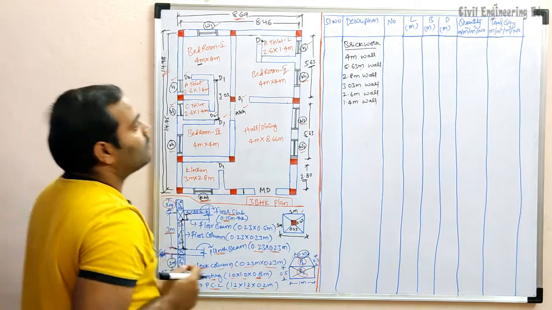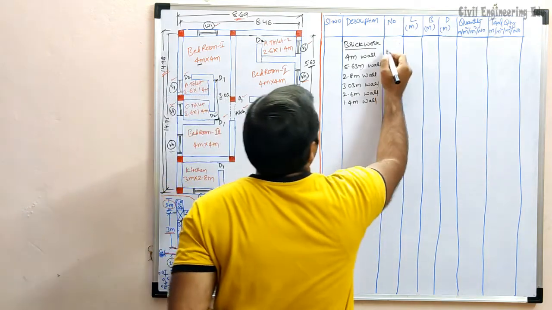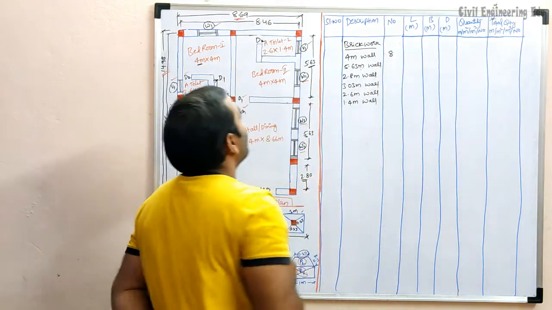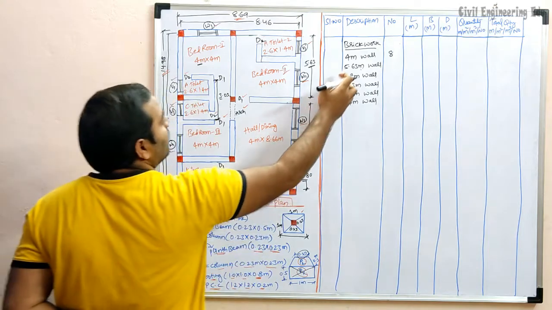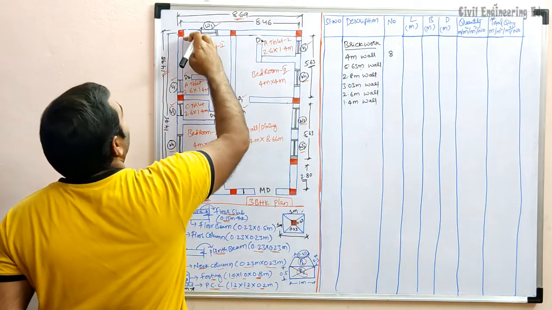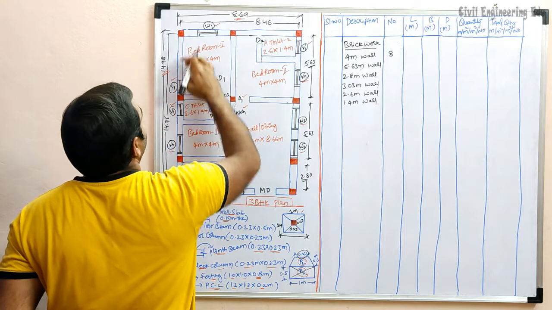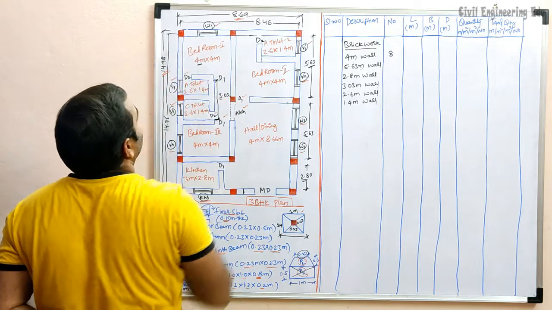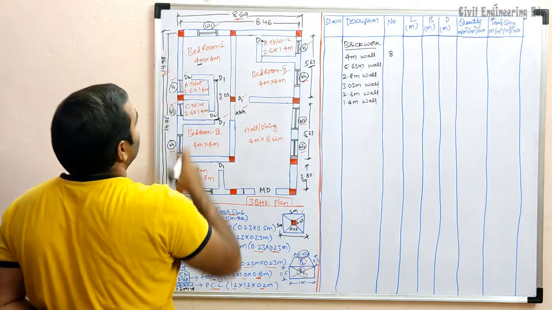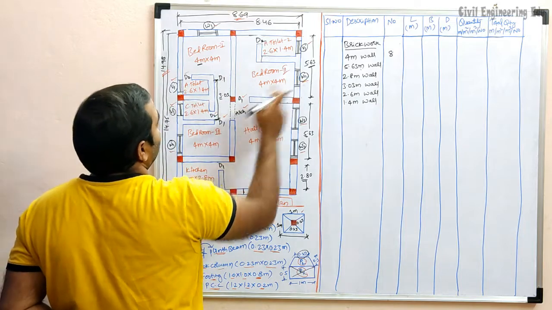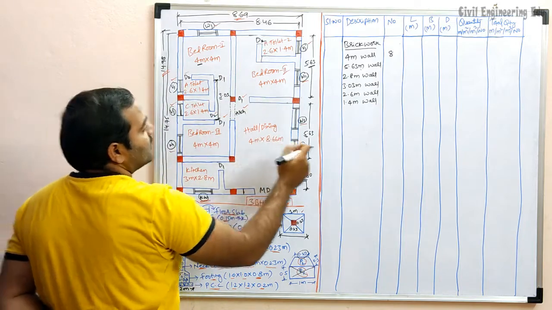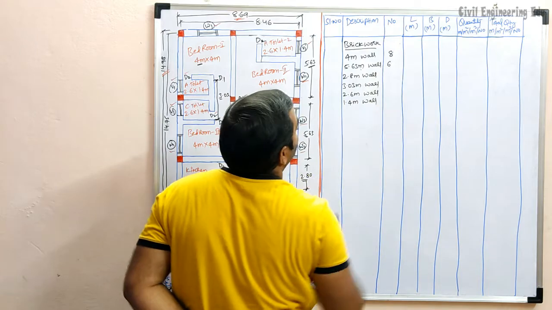Total 8 numbers of 4 meter walls are there. Now the 5.63 meter wall. From this face of the column to this face of the column, completely it is 5.63 meter length. So 1, 2, 3, 4, 5 and 6. Total 6 numbers are there.